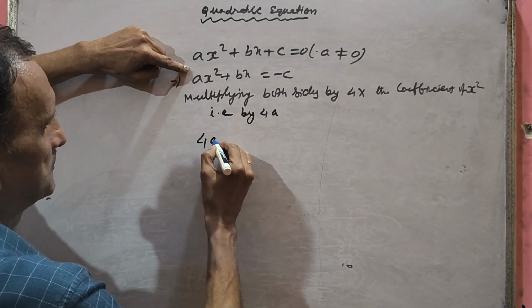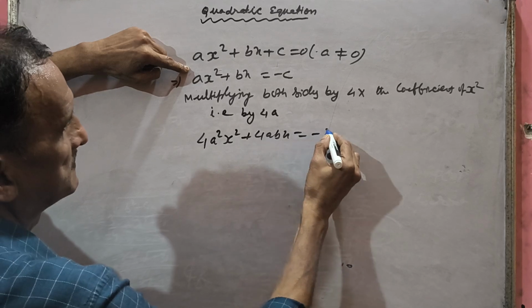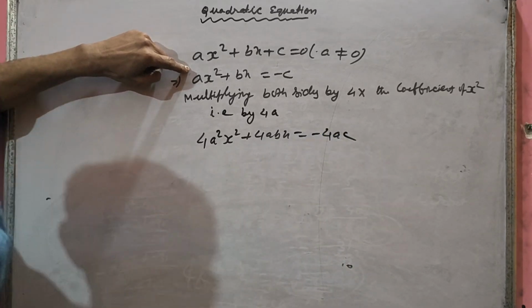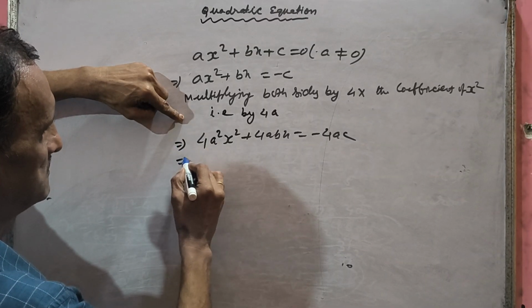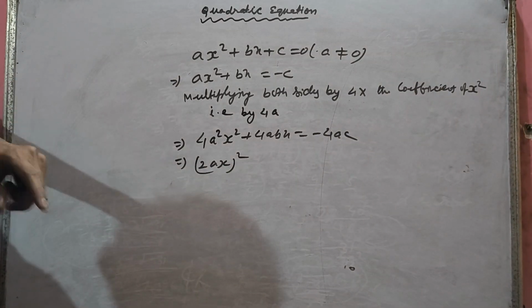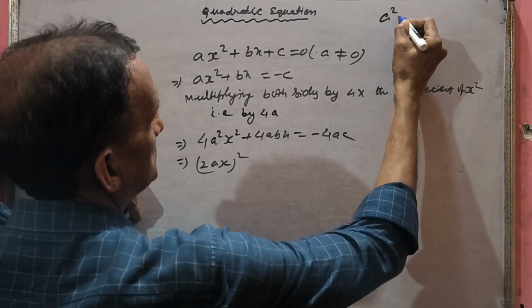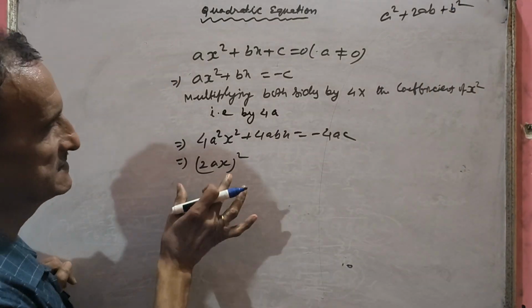So this is what you will get: 4a square x square plus 4abx equal to minus 4ac. Now see, you can directly write this as twice ax whole square, because our target is to complete the whole square. a square plus twice ab or minus twice ab can be anything. So this is a square.